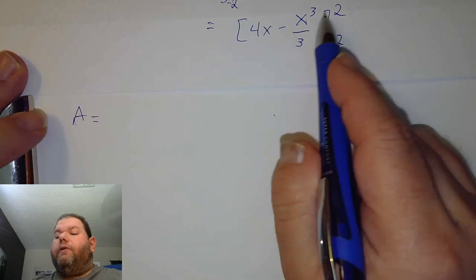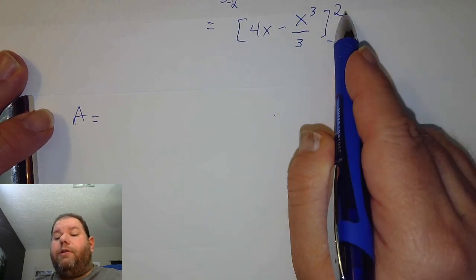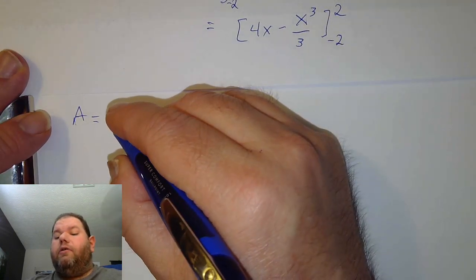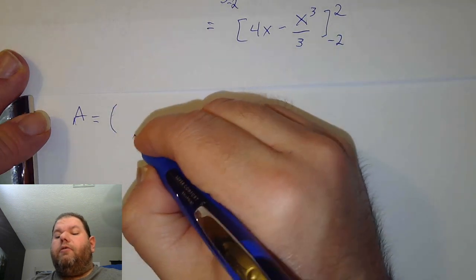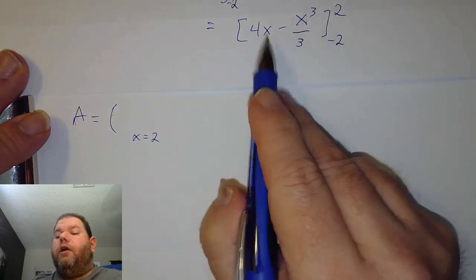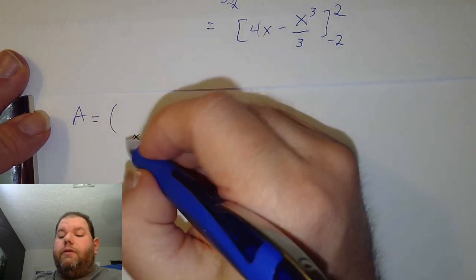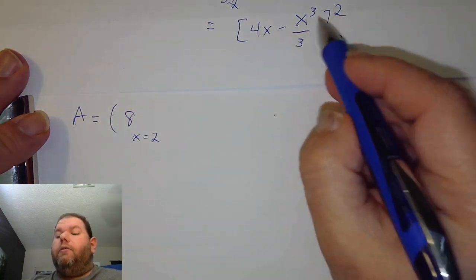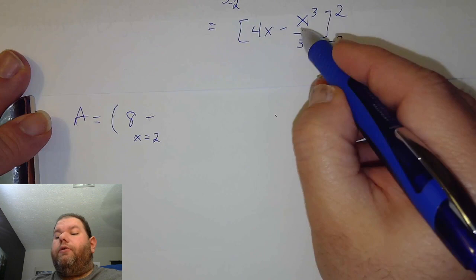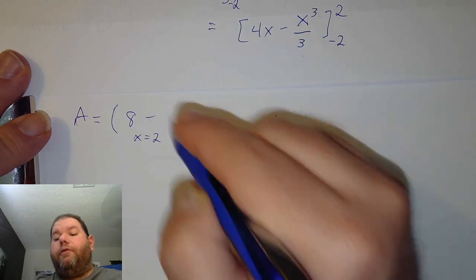So we're going to take 4x minus x cubed over 3 and plug in the 2 first. So x equals 2 first. 4 times 2 is 8, minus 2 to the third power, which is 8 over 3.